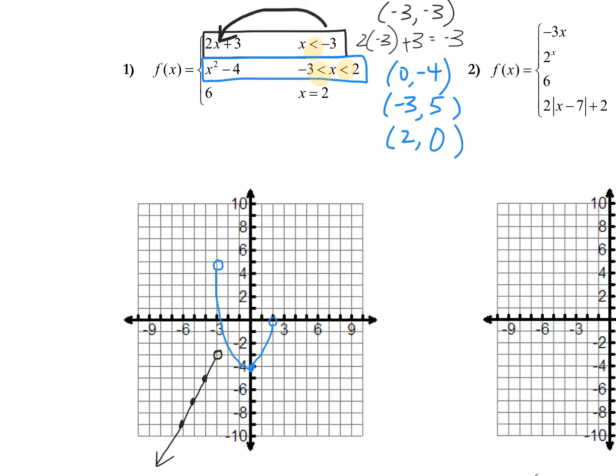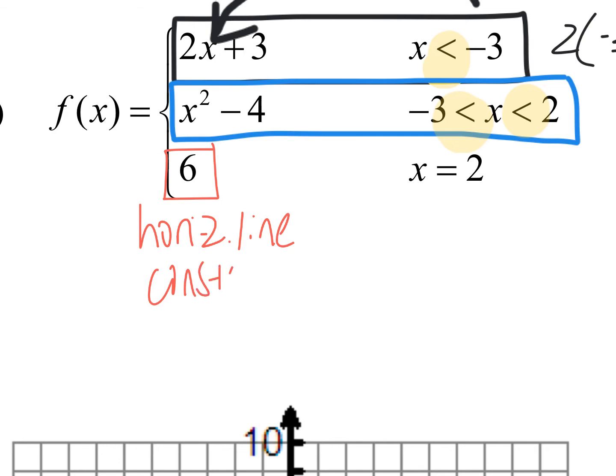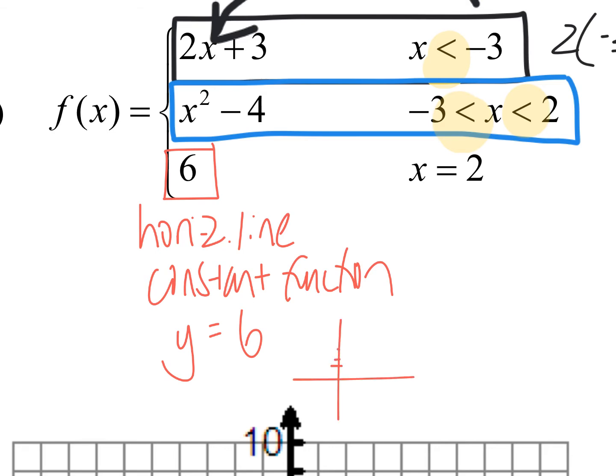Okay, this last thing looks kind of weird, but this is just a horizontal line. It's a constant function. Y equals 6. So remember, that's just a horizontal line that looks like that, but they only want it for x equals 2.